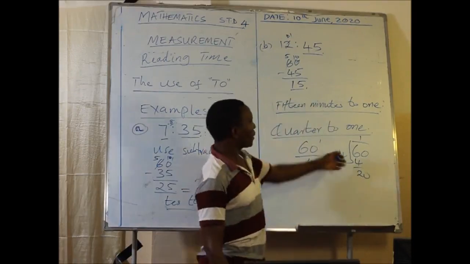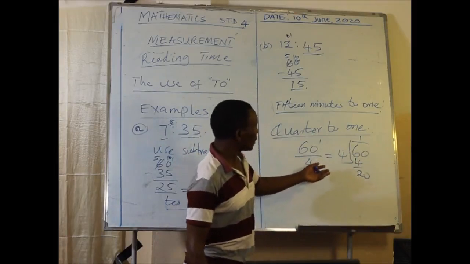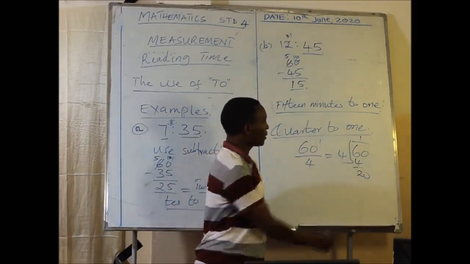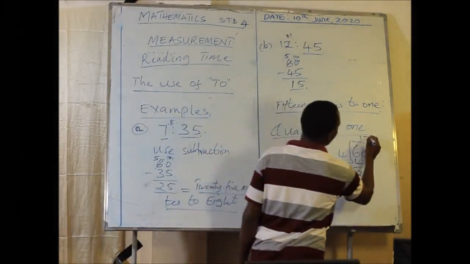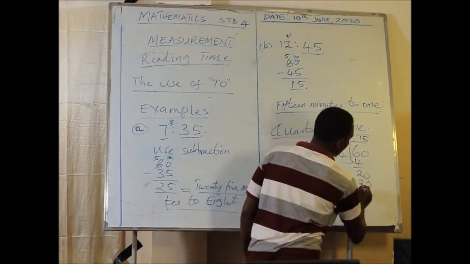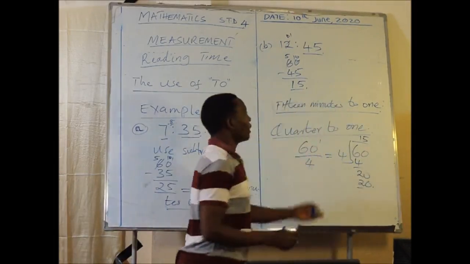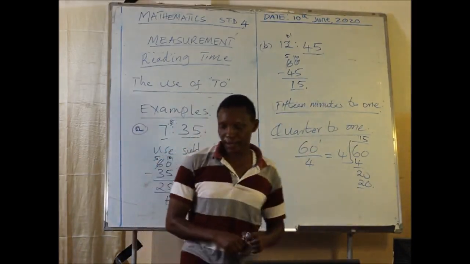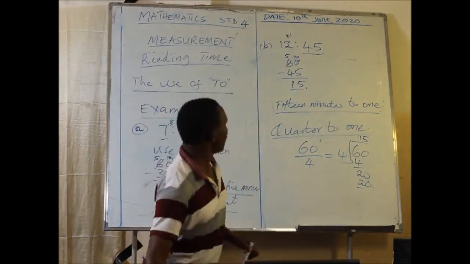Now we can ask ourselves, 4 times how many? The answer is 20 here. It is times 5. Now we get 15 minutes, so automatically it is a quarter of an hour.